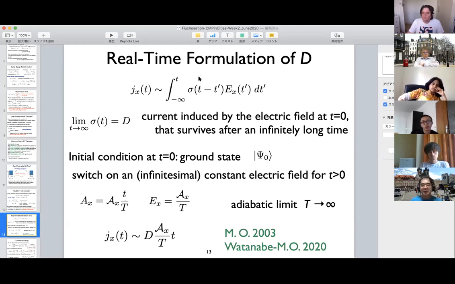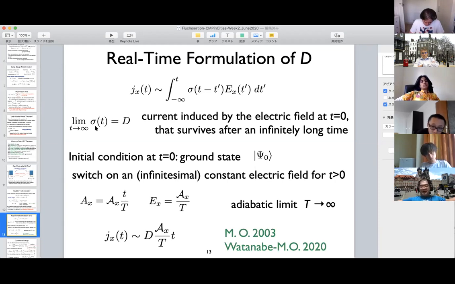And of course, if you Fourier transform this sigma of t, then you get the usual sigma as a function of omega. But you can understand the Drude weight in terms of this real-time formulation. So if you consider a system with relaxation and so on, and you consider sigma t as a function of time and send t to infinity, that represents the current response to an electric field which was applied long time ago.